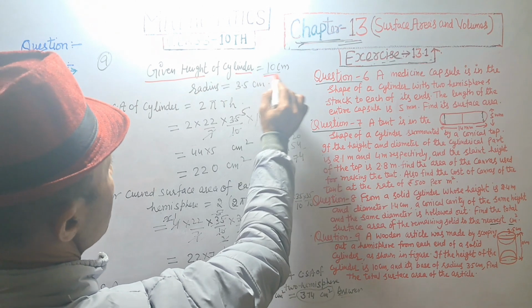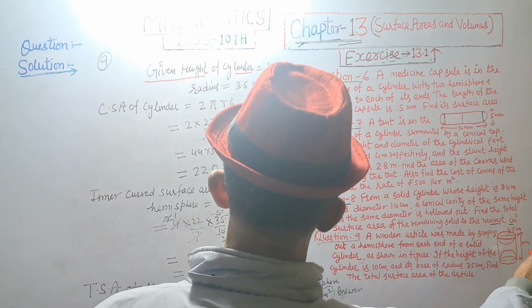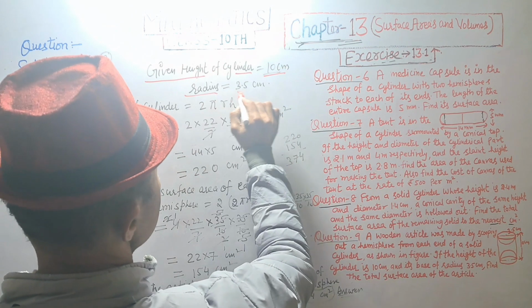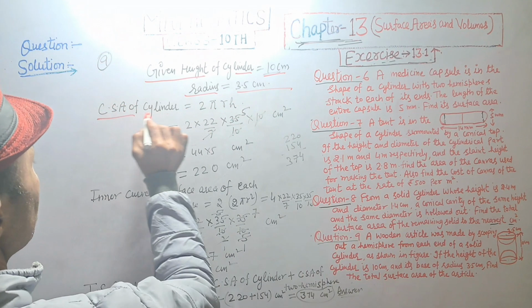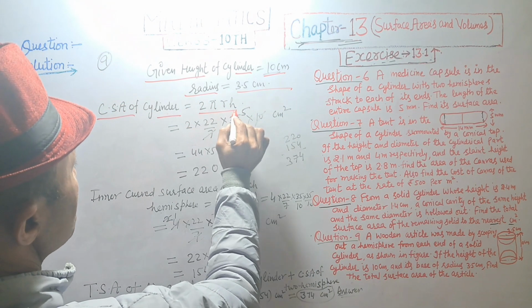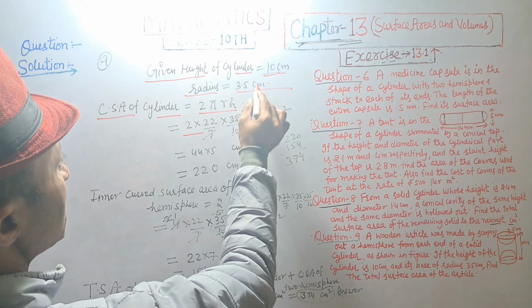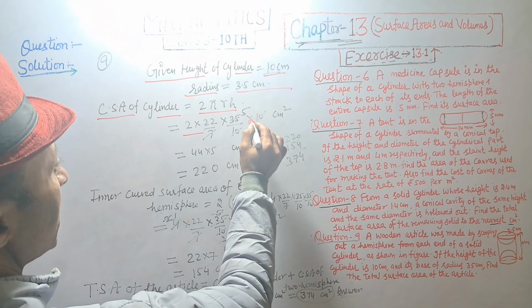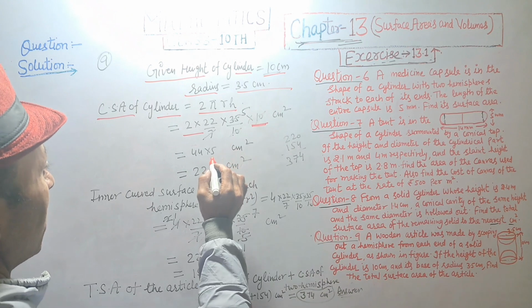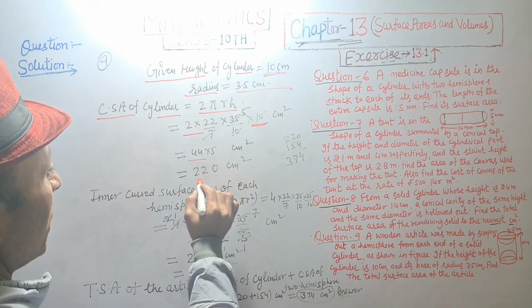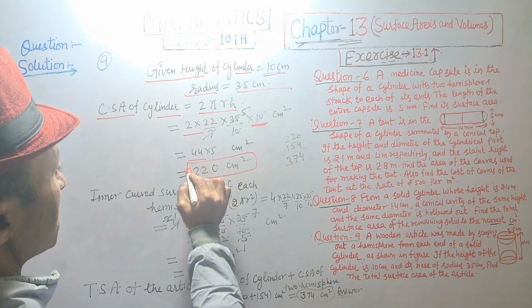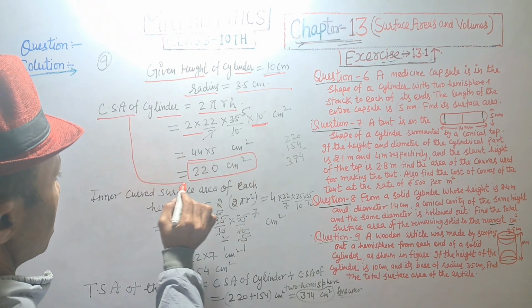Given height of cylinder is 10 centimeter and radius is 3.5 centimeter. Curved surface area of cylinder is 2 pi rh, 2 into 22 upon 7 into radius is 3.5, 35 upon 10 into height is 10. We get 44 into 5, that is 220 centimeter square. It's curved surface area of cylinder.